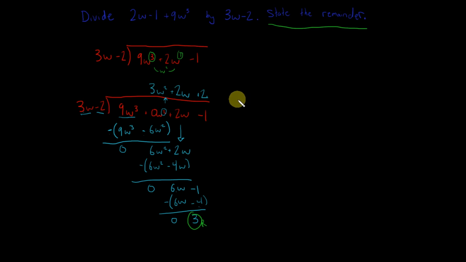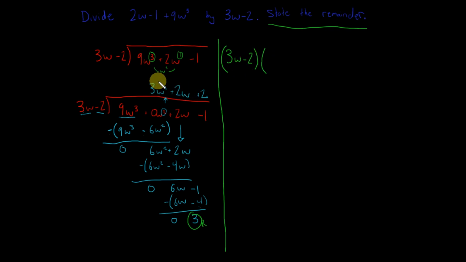But just to take it to the next level, we're going to write a division statement, and we're going to write a quotient statement, or in quotient form. So the division statement, we know that it's the x minus b, which is 3w squared, times the quotient, and our quotient is the answer.